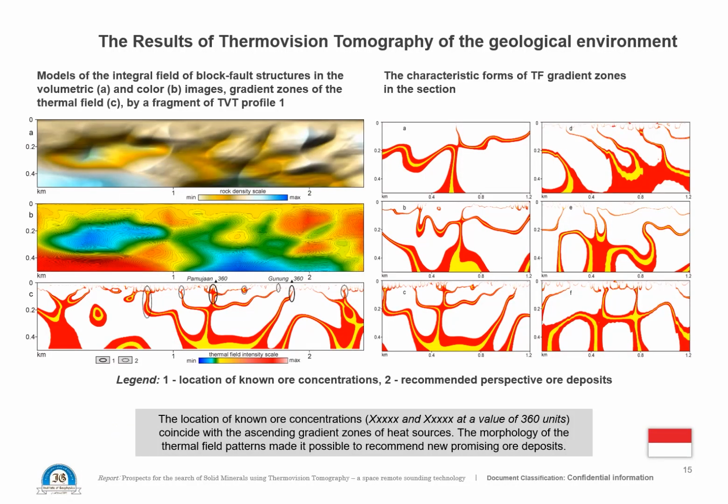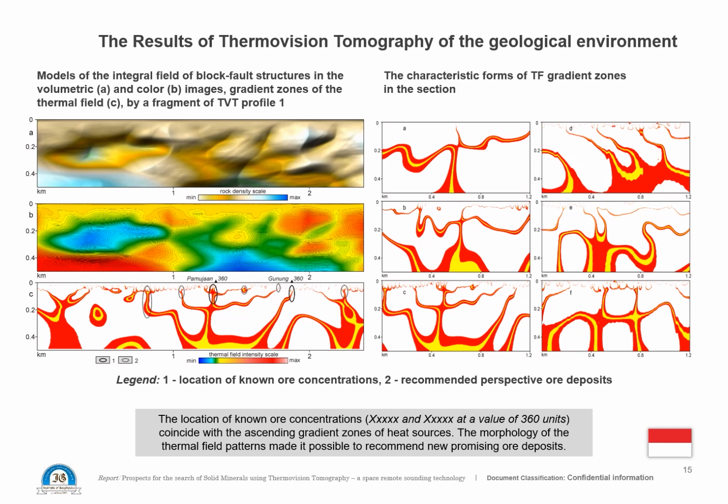The following conclusions are drawn from the analysis of the field pattern and sampling location of the ore substance. First, the maximum values of the ore substance fall into the dome of a dense structure and into the region of the maximum gradient of the thermal field.